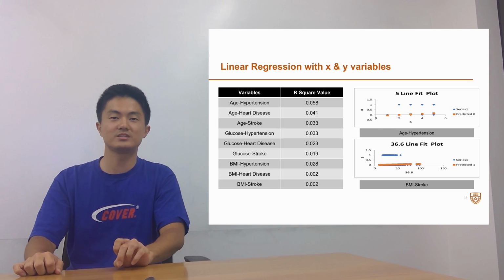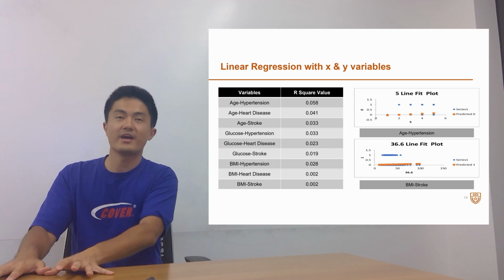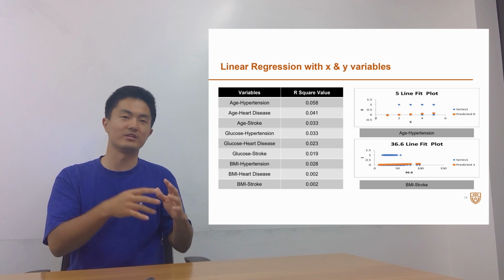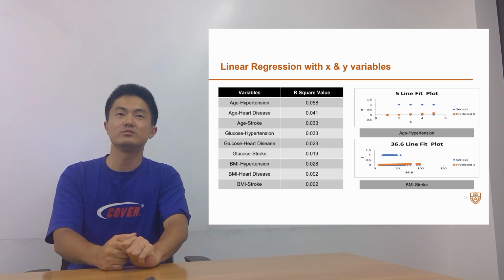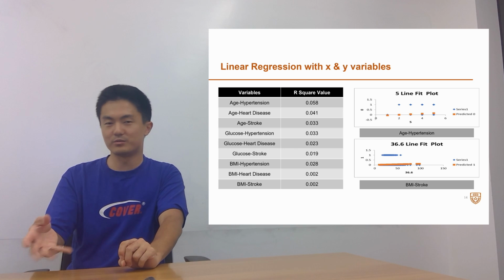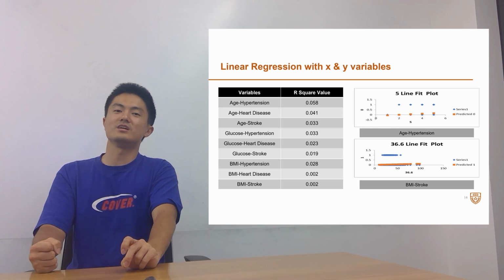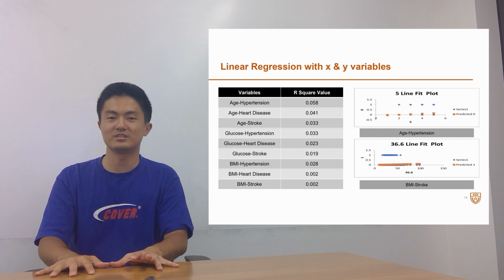Next is our main linear regression between x variables and y variables. Same as the x variable analysis, the maximum R squared value is 0.058, which is lower than the x variables analysis. So it's hard to find anything from linear regression.